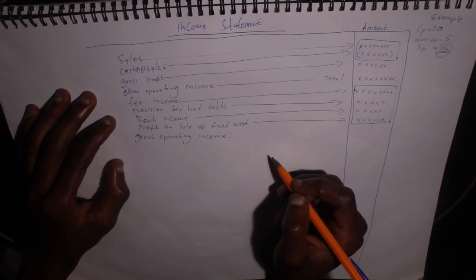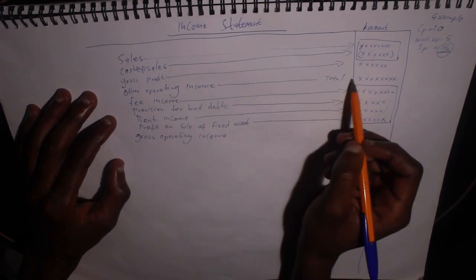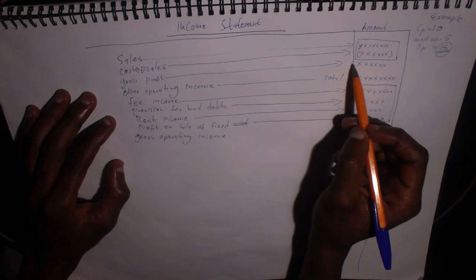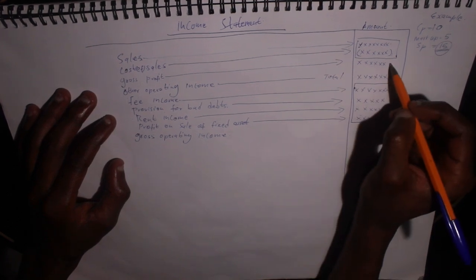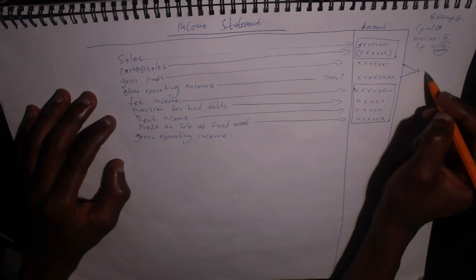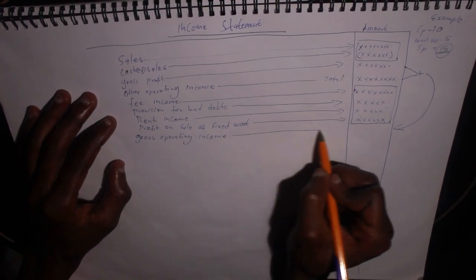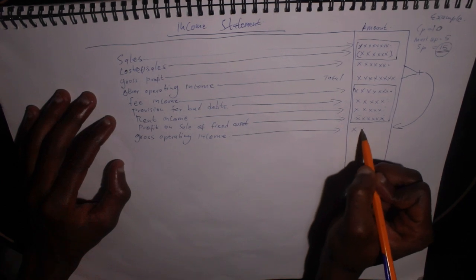Right? So gross operating income is made out of other operating income plus gross profit. So basically we add these two. These two will give you your gross operating income. The total amount comes here.